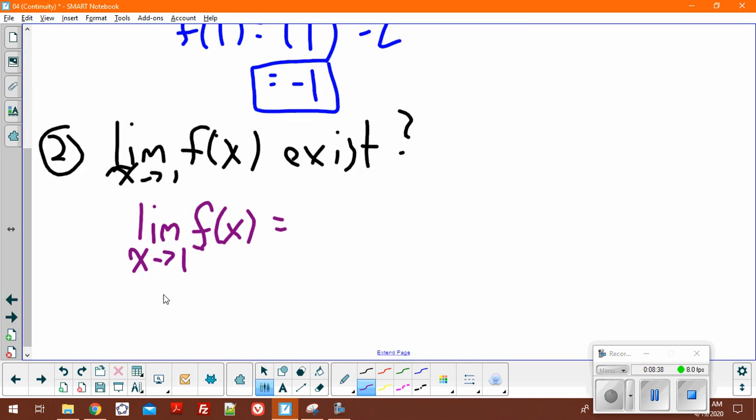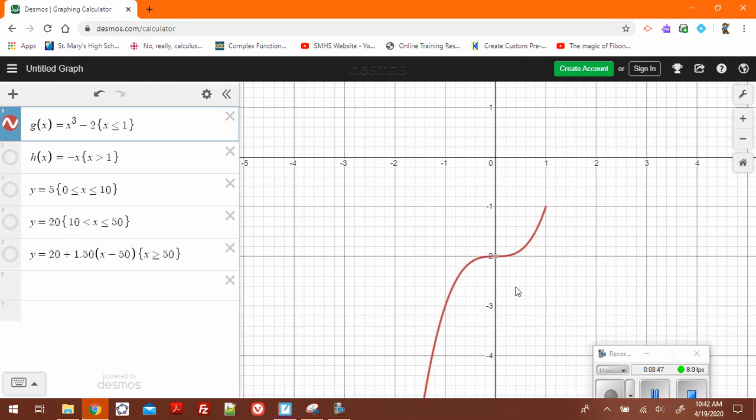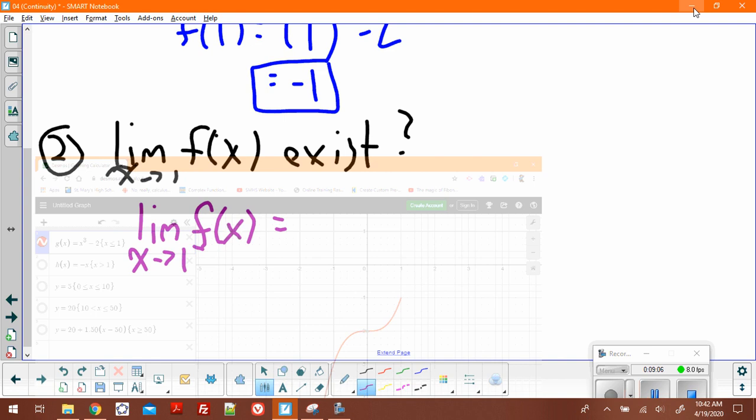So just to demonstrate it, I'm going to flip over to Desmos for a second here. So here's what my function looks like. And if I put a point on there and start moving along the left, I get closer and closer to, looks like the point -1, -1. That's where I arrive because it's defined on this side. So the limit as I approach from the left-hand side is -1.